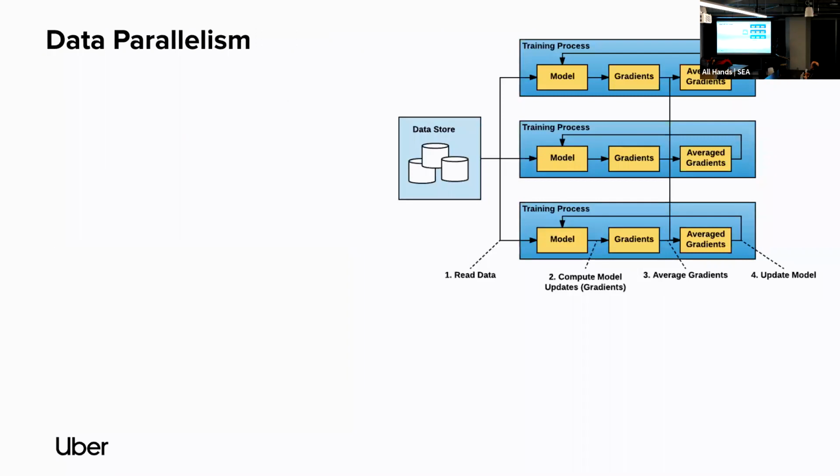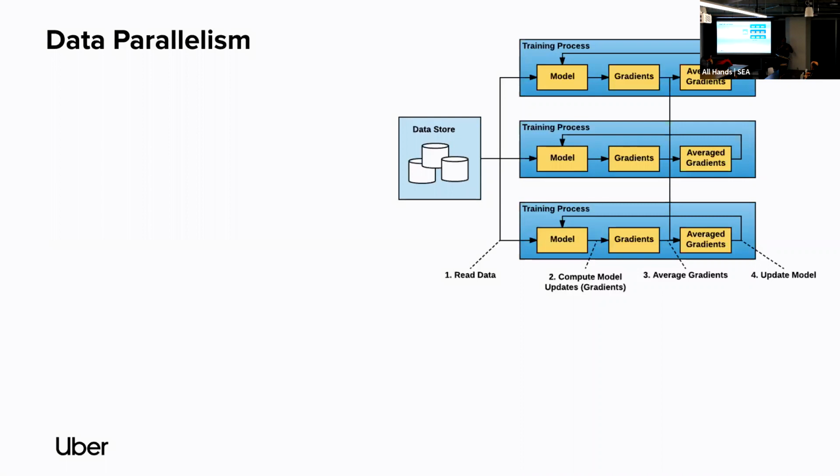So let's talk about data parallelism a little bit. You have identical training processes living in multiple GPUs or hosts, whatever you want to call it. You shard your data, so each one of the hosts accesses a partition of the data. It runs the regular model, unaware of the existence of other processes, and calculates the gradients. In step 3, all these models work together to calculate the averages of the gradients that they calculated.